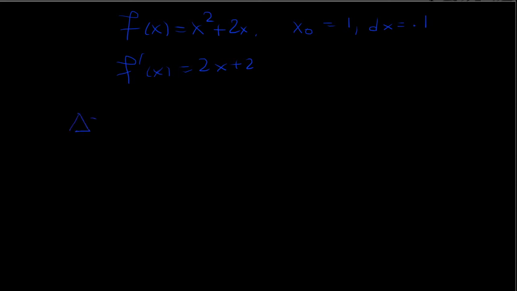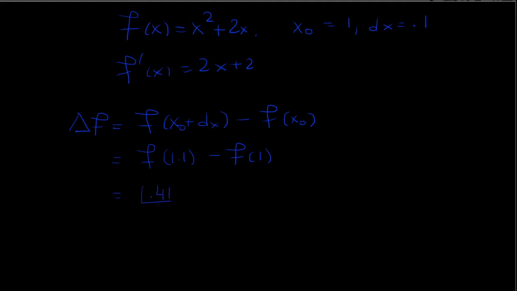So now to find the change, delta f, I want to add x naught plus dx, and then minus f of x naught. So if I add x naught with dx, that's 1.1, and I'm going to subtract that with f of 1. So I plug this in the calculator and I get the difference, or the change, is 0.41.